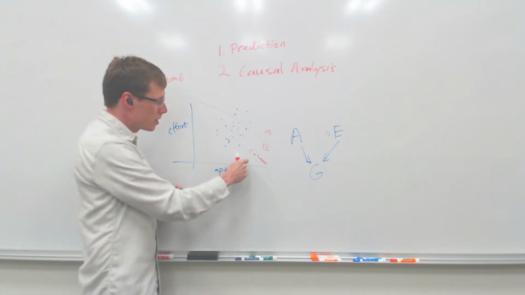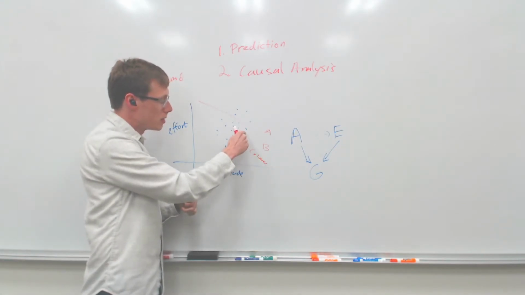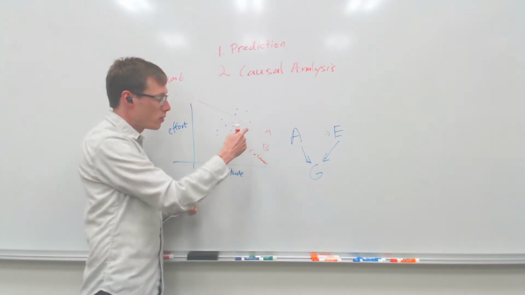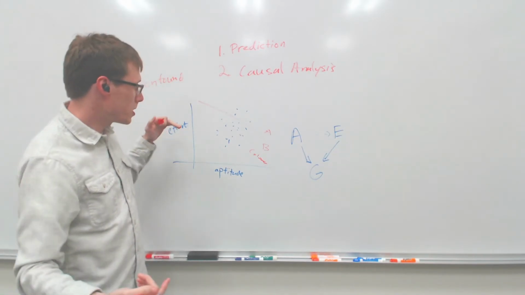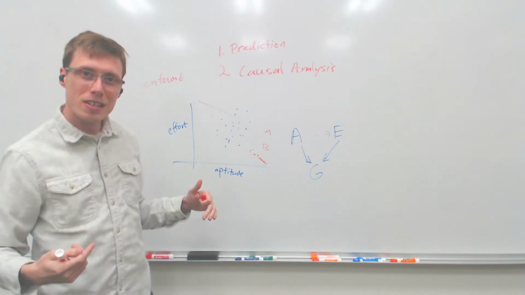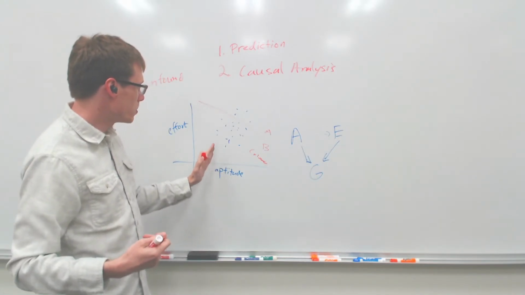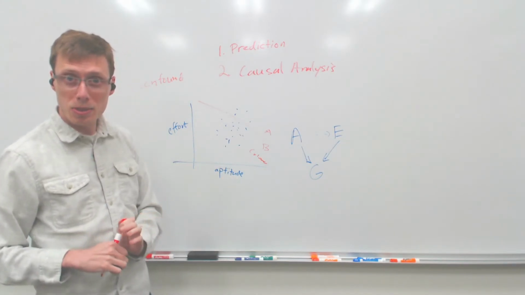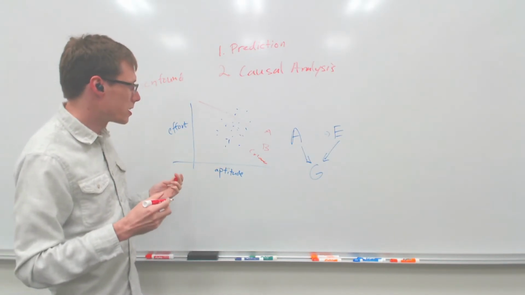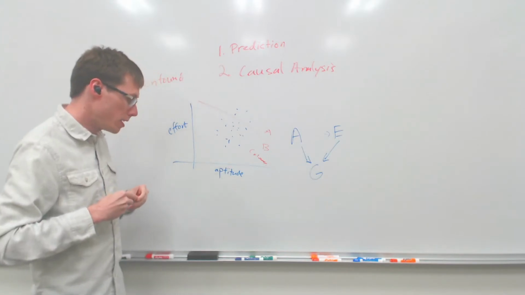But if we sat here and said, oh, you had a high aptitude, well, the only people with high aptitudes that got a B must be because they didn't put in all that much effort, and vice versa, right? The people who put in a lot of effort and only got a B must not have had that much aptitude going into it. That's what we actually know just by thinking about it.